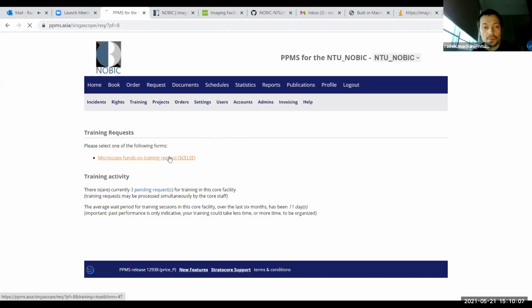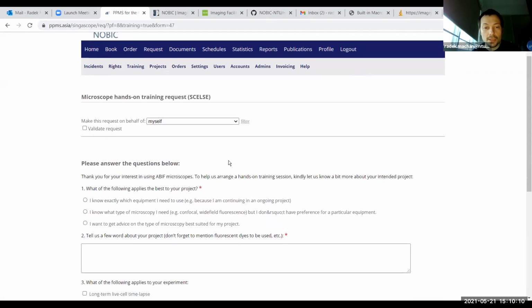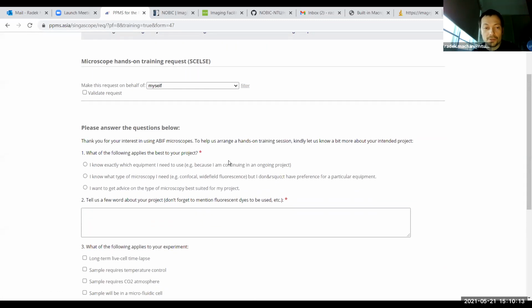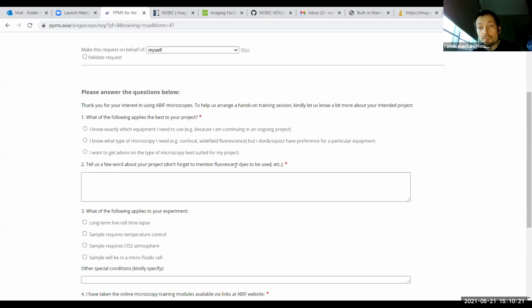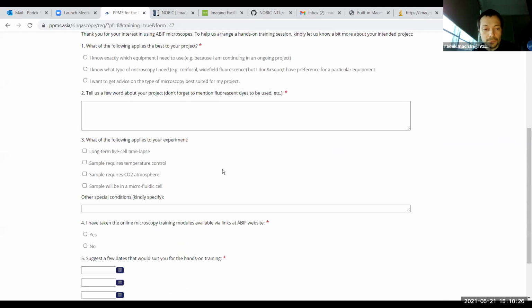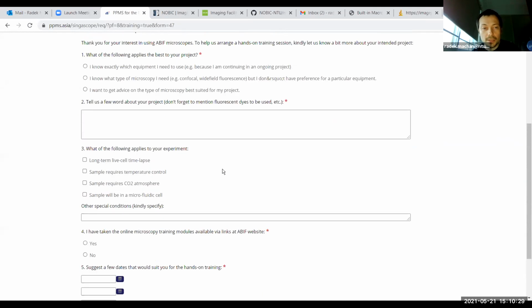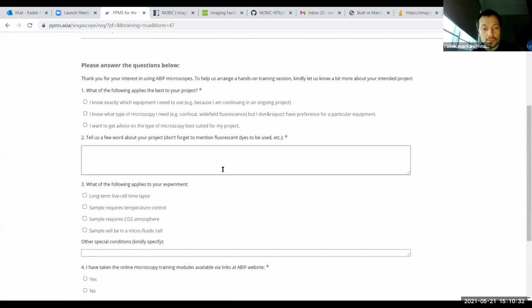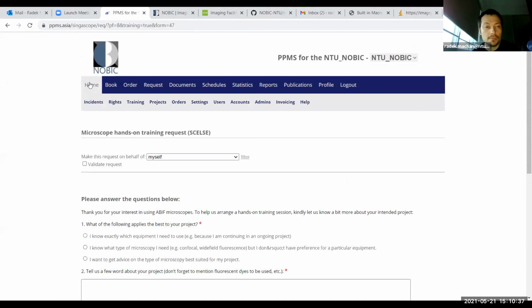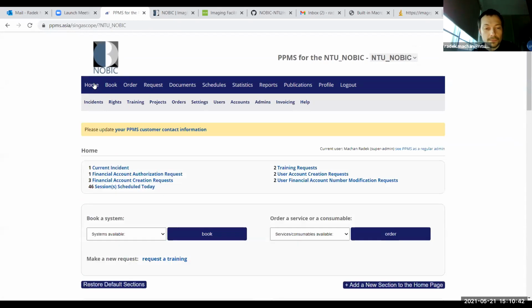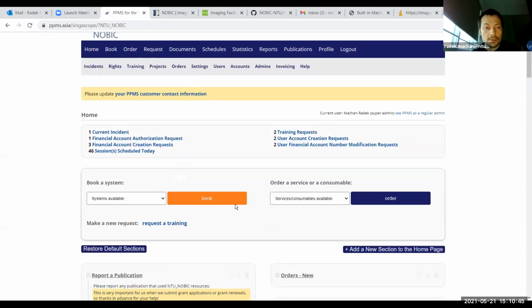This will be the online form, and there you will be asked questions about your intended experiments, if you know which microscope you need to use, or if you need our advice, and also if you need any special conditions for your sample during the imaging. So I won't be filling this in now, and I will return back.